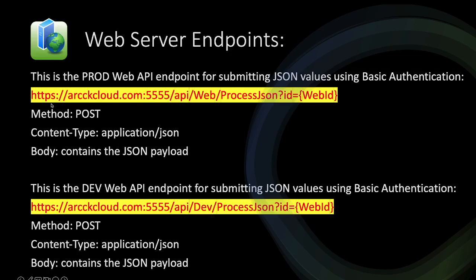It's HTTPS secured, and it's secured by basic authentication. And for debug, the web path is replaced by deb. The web ID is a property in the web server configuration that identifies this particular endpoint, and it ties it to the orchestration that you're creating.